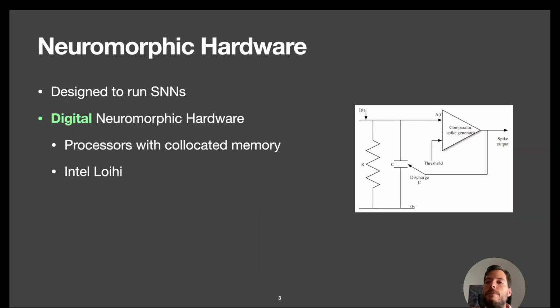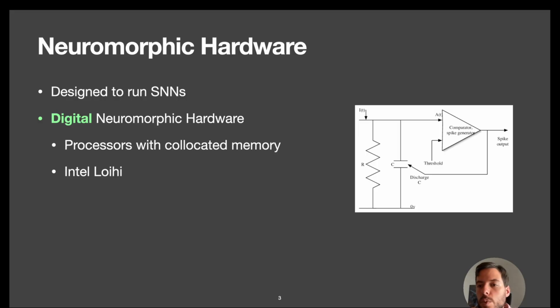For the gains of spiking neural networks, to be able to have good efficient spiking neural networks, we need to run these neural networks in neuromorphic hardware, which is hardware designed to do this kind of operation of receiving spikes and building an internal state.